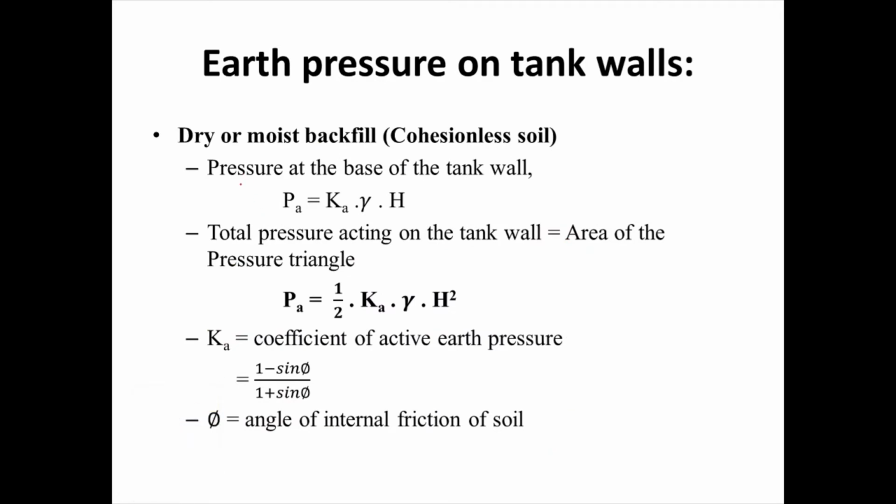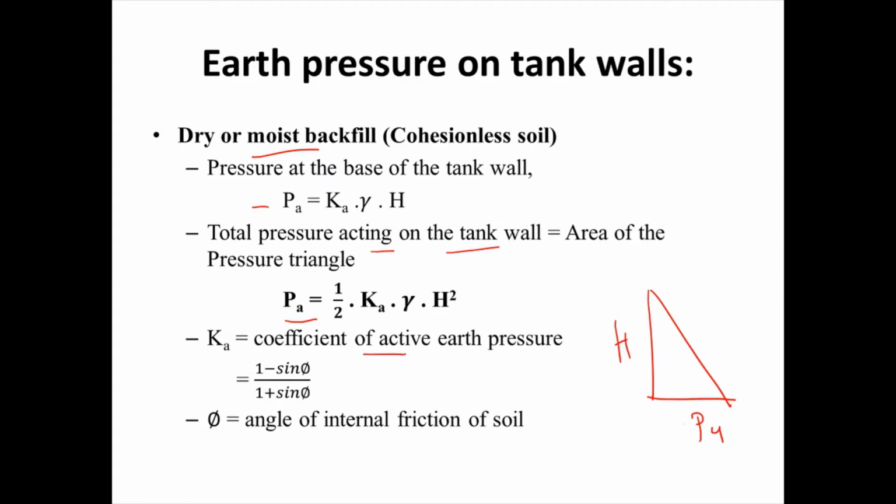Here is the calculation of earth pressure at the base of the tank wall for dry and moist backfill. Pa is equal to Ka gamma H. And the total pressure acting on the tank wall is the area of the pressure triangle. Here is the pressure triangle, here is Pa, here is the height H. So the pressure triangle area is 1 half Pa H, which is 1 half Ka gamma H square.